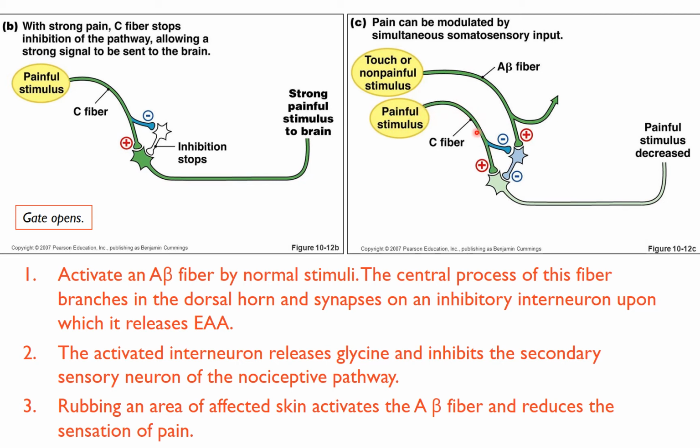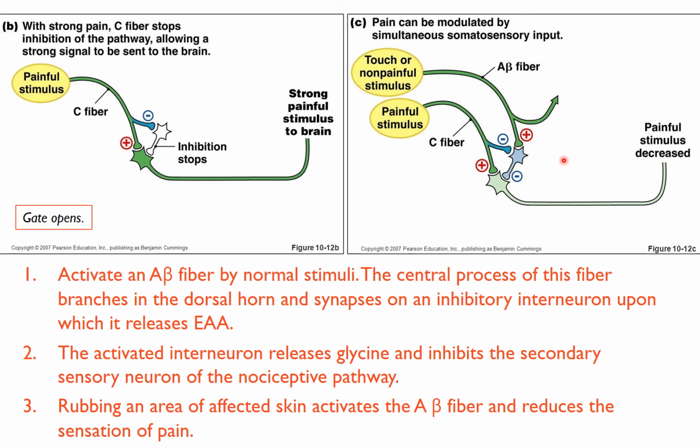Same situation is going on here. You have C fiber activity, releasing excitatory amino acids and neuropeptides from the presynaptic side, and it activates the postsynaptic side, which in this case is the secondary sensory afferent. Now, there's a lot of activity going on over here involving this little bitty interneuron.